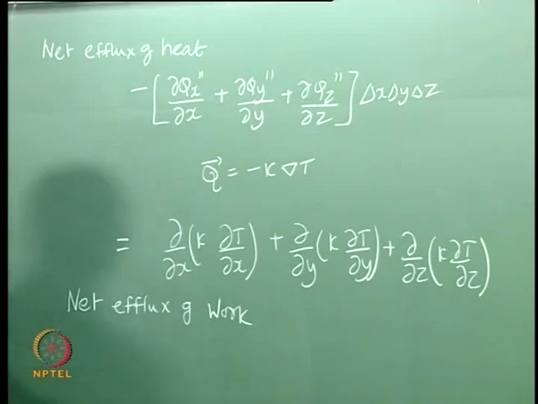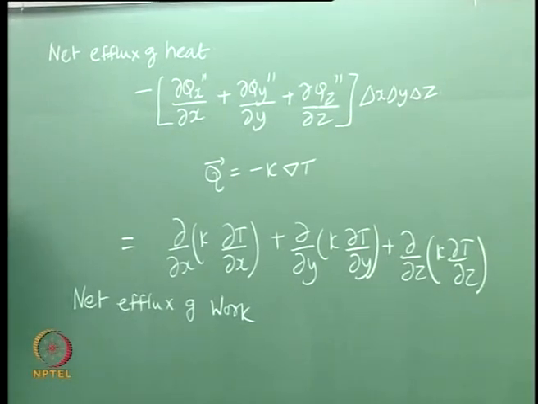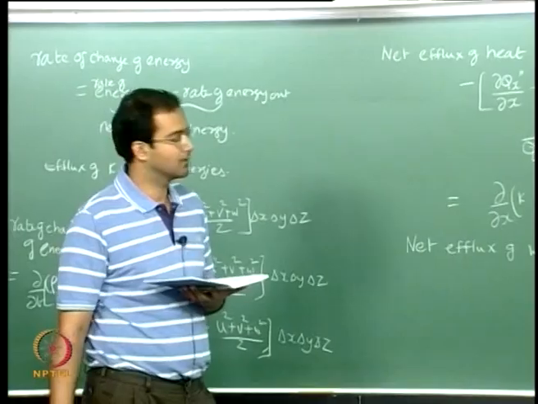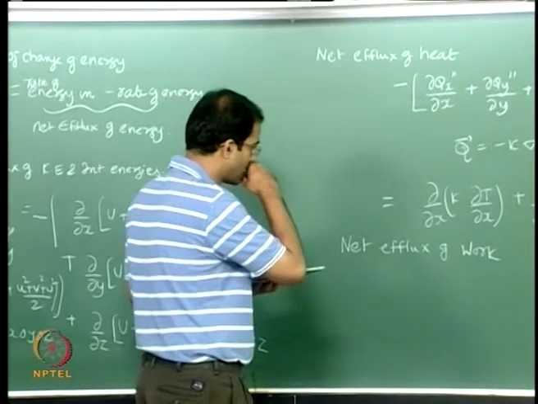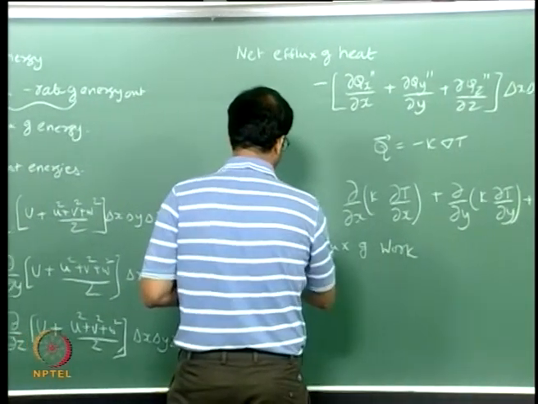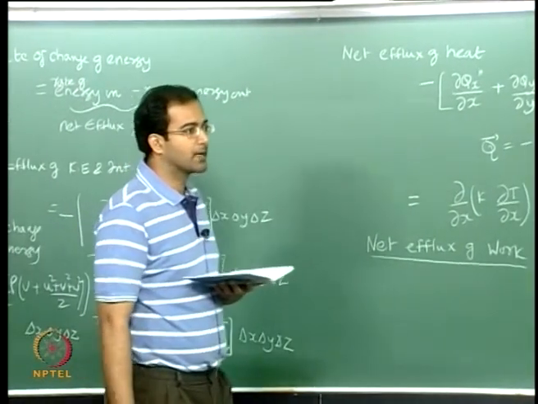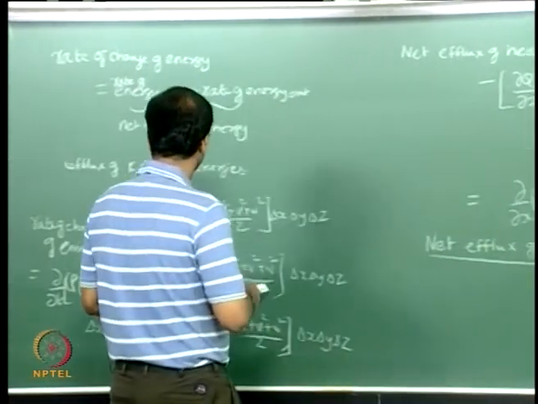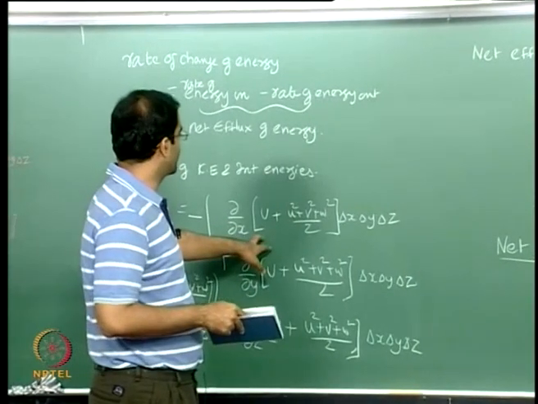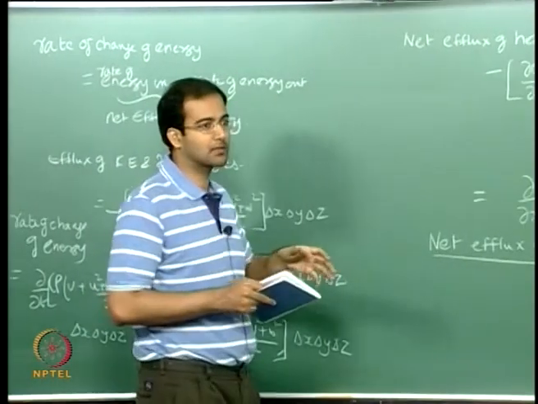Now this is a very lengthy expression because you have to consider all the terms which contribute to work. If you apply the same analogy to work, how do the work terms appear? You are writing the net efflux of internal and kinetic energy as heat, and in the analogous way, what are all the terms which contribute to work?